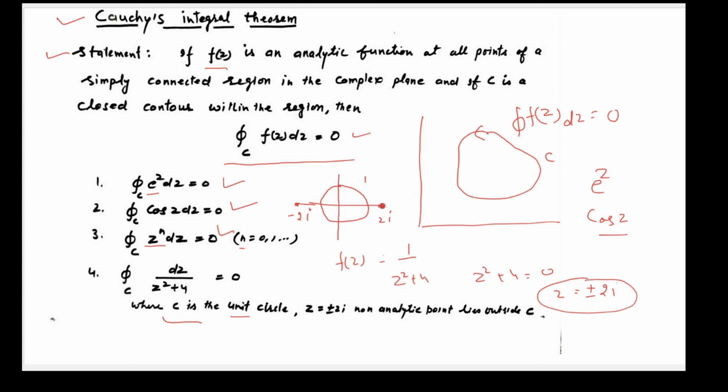So within this circle the function is analytic, because there is no point within it where the function is not analytic. Then we can say, according to the Cauchy integral theorem, this integration will be equal to 0 within this circle of unit radius.